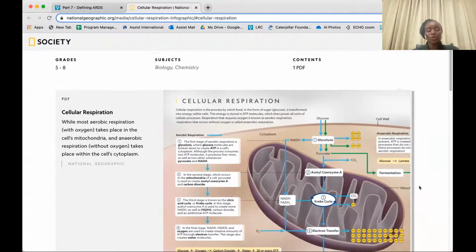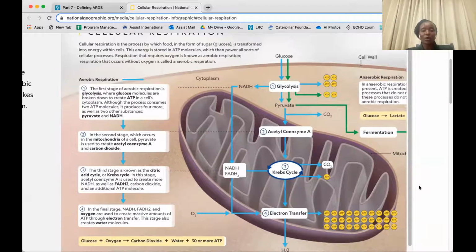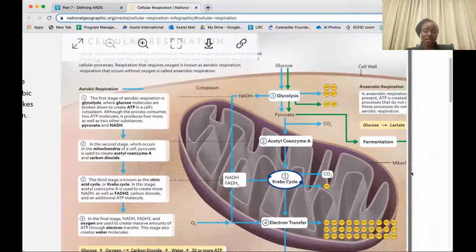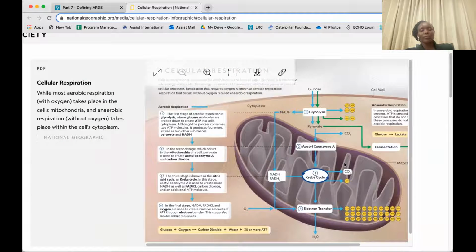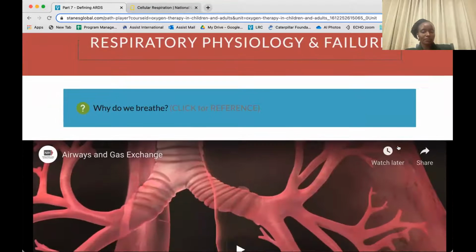There's this diagram which explains the whole cellular respiration, to understand the essence of having oxygen and what is broken down during anaerobic respiration. This we can share later, but that was just the breakdown on the importance of having oxygen coming in and CO2 getting out.